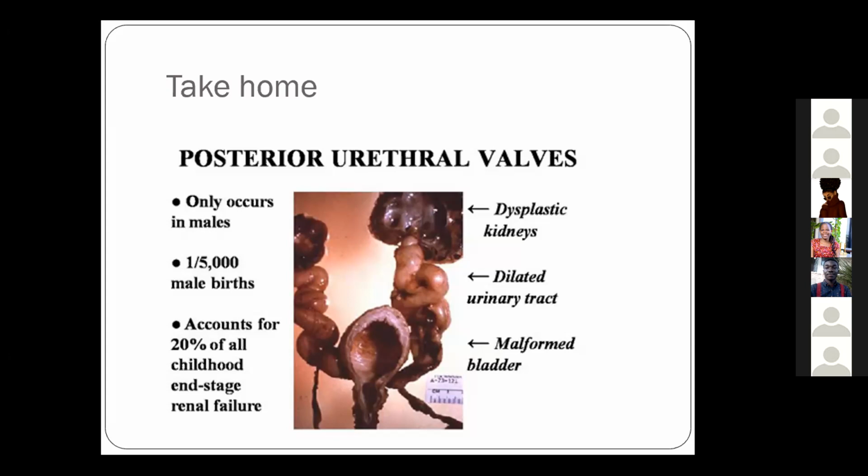So this is what is important, and of course to add that the most important investigation, the gold standard, is voiding cystourethrogram for these children.